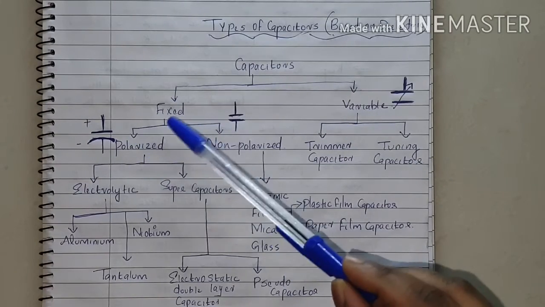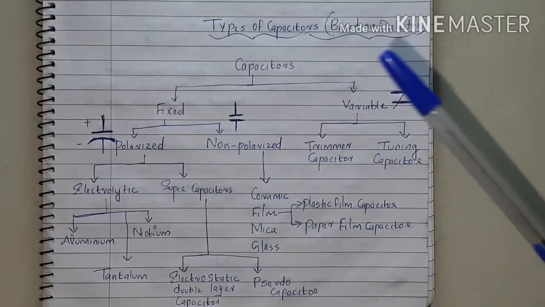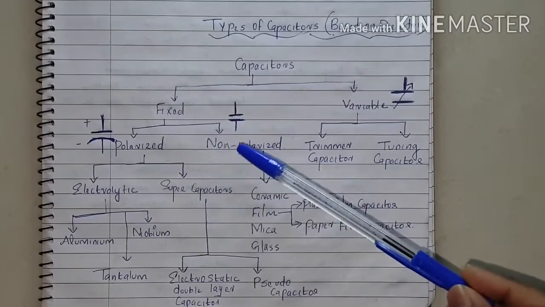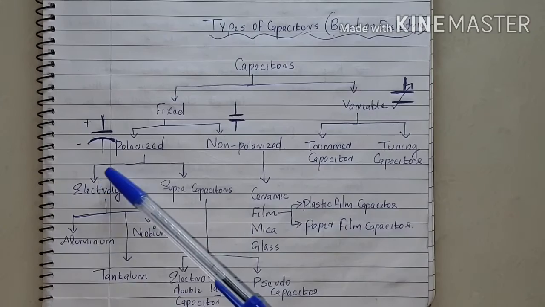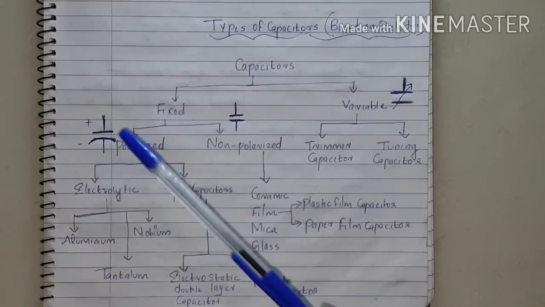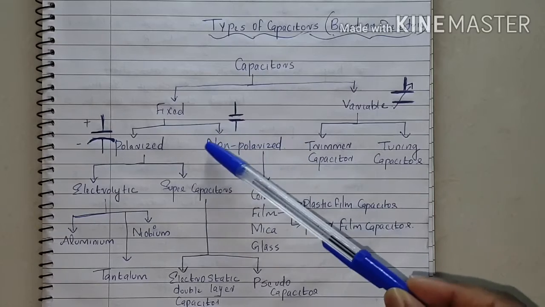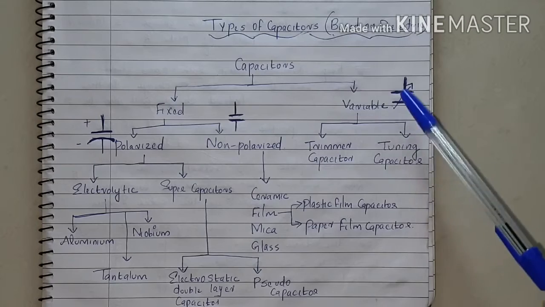And the fixed capacitor is again classified into two types. One is polarized fixed capacitor. Second one is non-polarized fixed capacitor. This is the symbol for polarized capacitor with positive as well as negative terminal. This is the symbol for non-polarized fixed capacitor, and this is the symbol for variable capacitor.